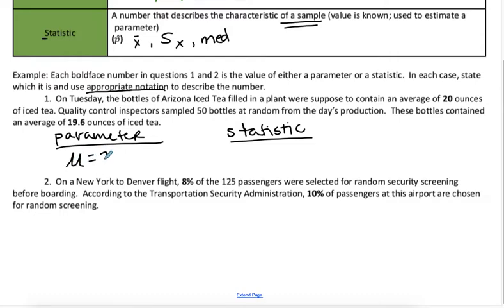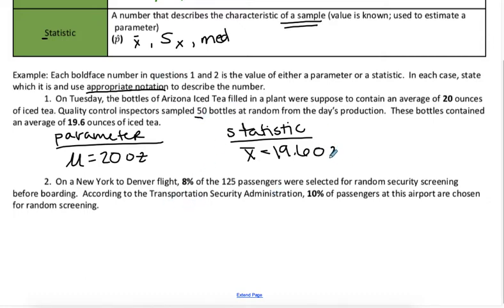On average, the parameter should be 20 ounces. The statistic is what we collected. He sampled 50 bottles. Those bottles contained an average, and this is where we would use x bar. This is not talking about the entire plant. This is just talking about those 50 bottles that he's sampling.